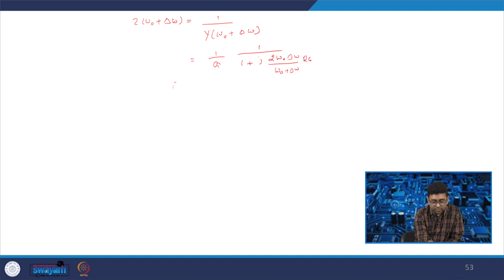So, your Q is equal to omega naught RC, you can write Z of omega naught plus delta omega equal to R, 1 by G is equal to R, into 1 by 1 plus j 2 Q delta omega by omega naught plus delta omega.